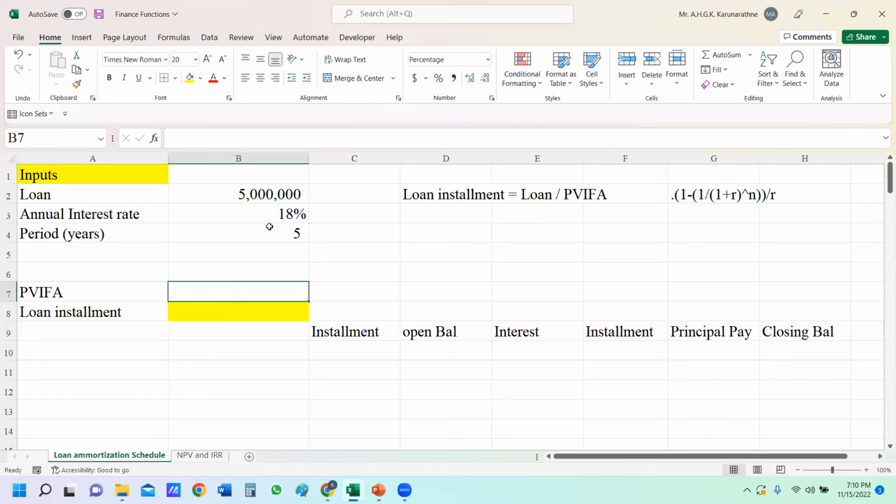Why do we compute it? To compute the loan installment.